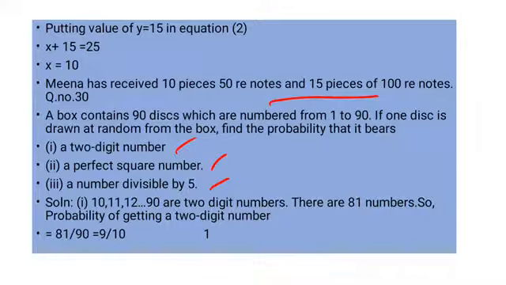Solution: first part, 10, 11, 12, up to 90 are two-digit numbers. There are 81 numbers. So probability is 81 upon 90, that is 9 upon 10.